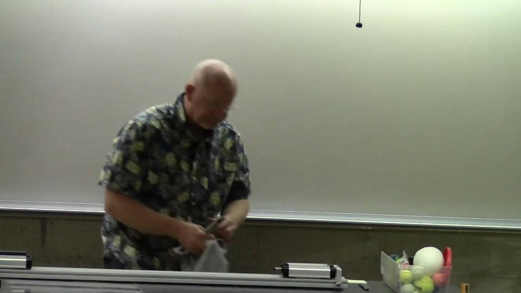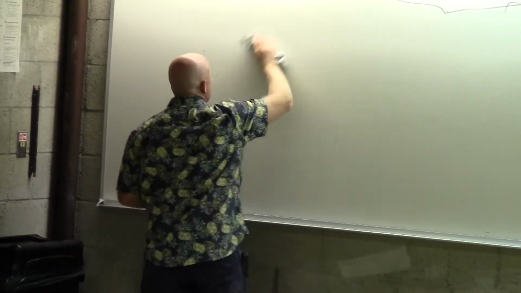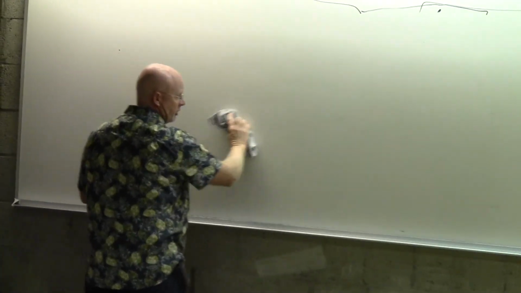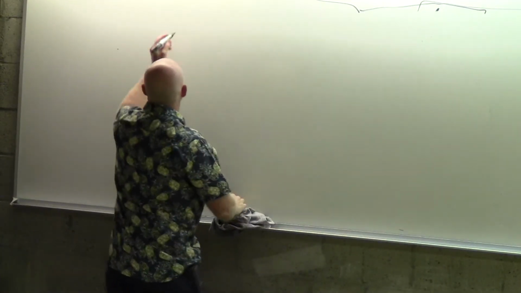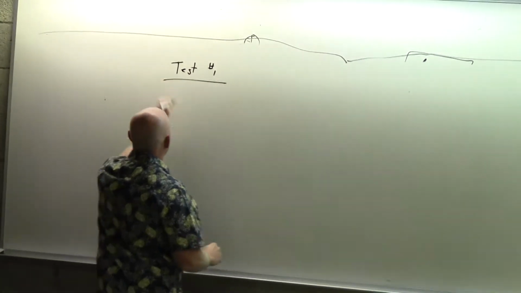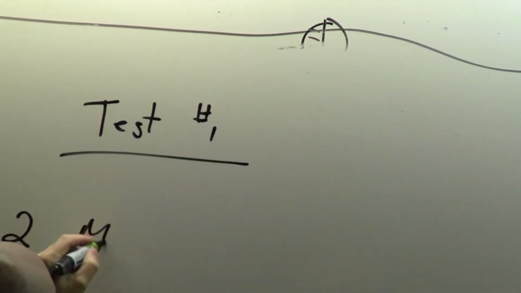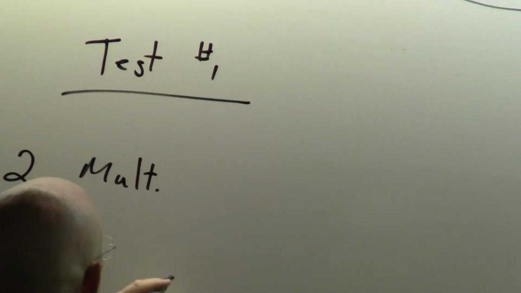Now, remember, there are 6 chapters here. So in the multiple choice, I will make 2 multiple choice questions per chapter. So the structure of test number 1 will look this way.